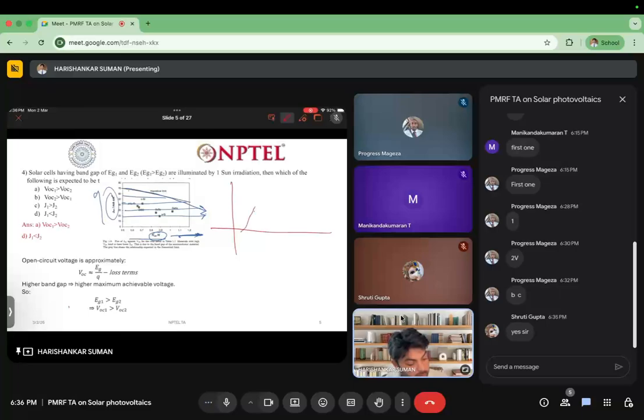Let me give you a plot like that. This is lambda, wavelength. This is the visible range, with UV and NIR. This is irradiance, or power per centimeter square per lambda.